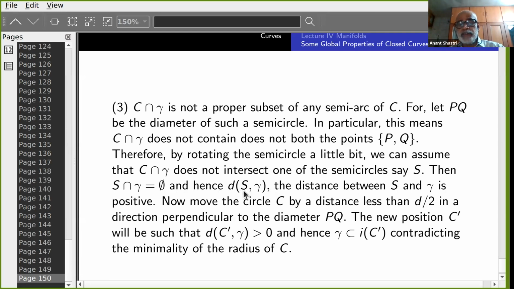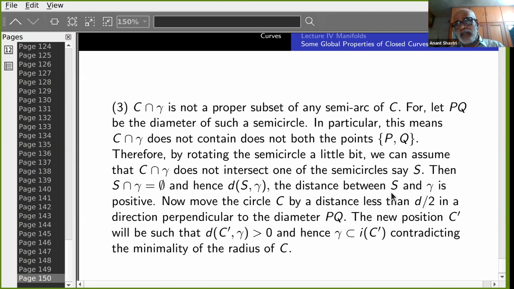This d is d by 2 in a direction perpendicular to the given diameter, whatever you have fixed right now. Slightly move it towards this gamma, and the circle will go, then you can avoid the entire gamma.